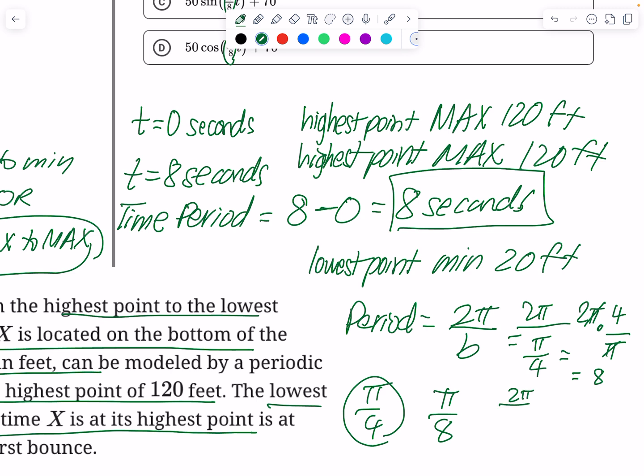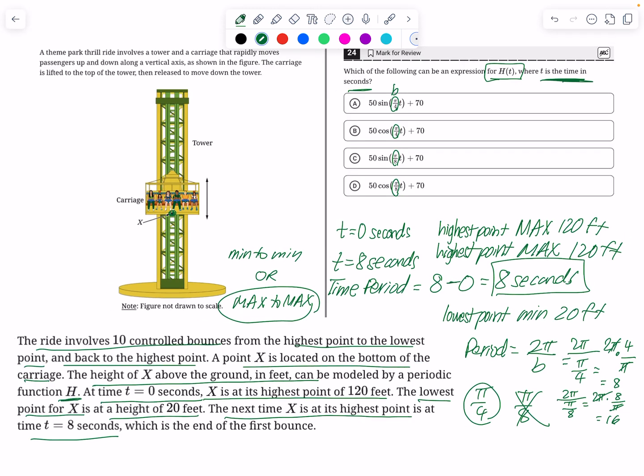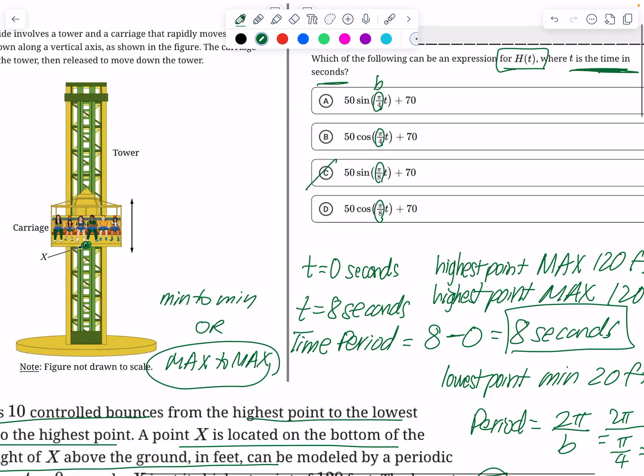So we have 2 pi over b, and in this case we're trying pi over 8. When you divide fractions, you keep the first fraction the same, and you multiply by the reciprocal of the second. And then 2 times 8 is 16, which is a no-go. So already in the choices, we know we're going to eliminate anything with pi over 8. And so that's choice C and choice D.